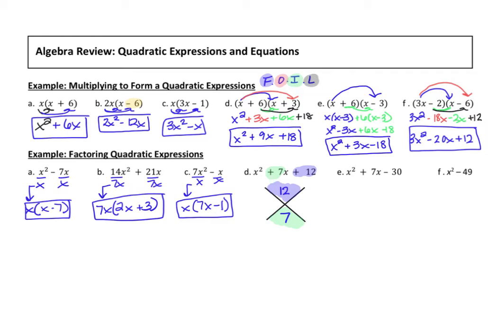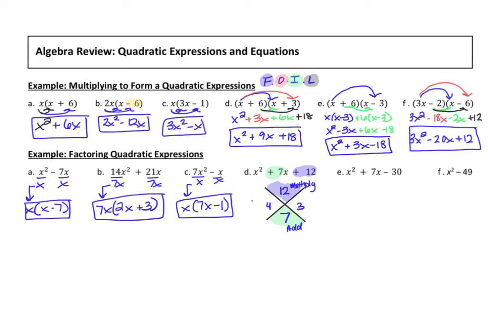So what I need to find out now are two numbers that multiply to this top number, so two numbers that multiply to 12, and those same two numbers need to add to 7. So these two numbers are 4 and 3, and the order in which you put them here doesn't matter. See, I could have written a 3 and a 4.